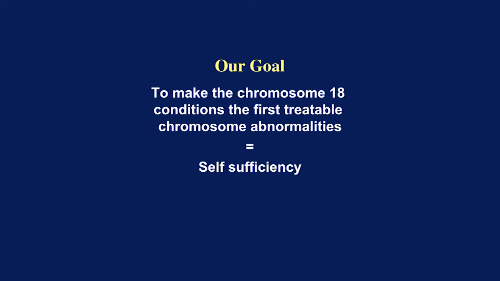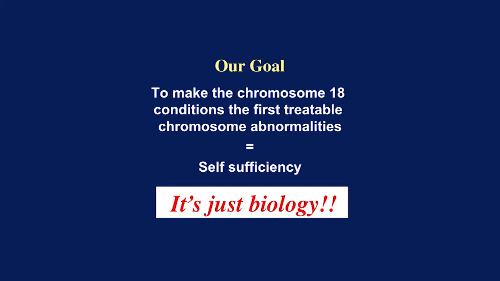For parents, this means they won't need to think about special needs trusts, estate planning, and who will care for their adult child when they're gone, just like they don't worry about those things for their other children. For the affected individuals, it means they can decide where they live, who they live with, what their employment will be, and not have to settle for the choices made by someone else who thinks they have their best interest at heart. Can we do this?